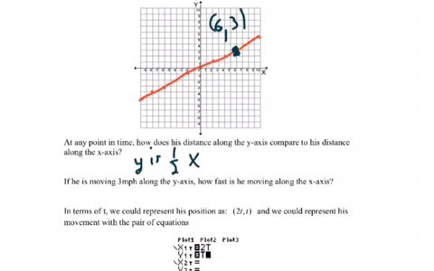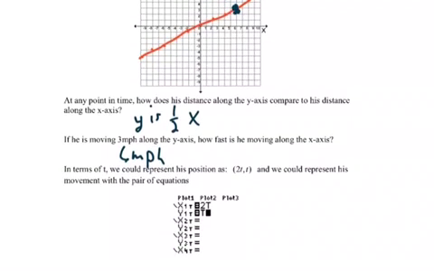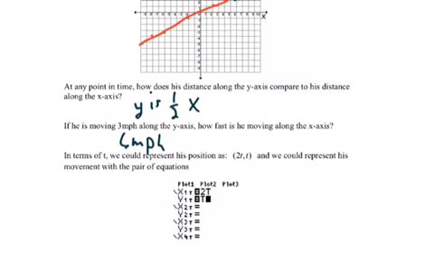In terms of t, we could represent his position as (2t, t). And we could represent this with a pair of equations. We would call them x of t is equal to 2t, and y of t is equal to t.